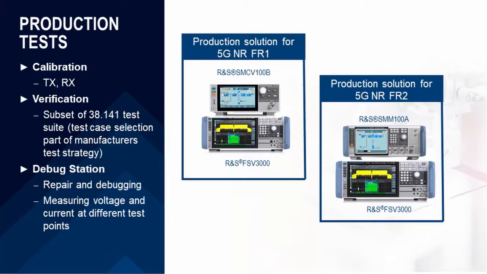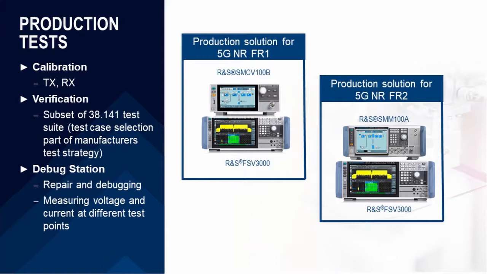So coming last to the production test. Here I list the different RF stages in a production line where they use RF instruments, and one of them is calibration. The calibration algorithms are quite unique to the manufacturer, and then next, coming to the verification, often it is a subset of the 38.141 test suite, but the test case selection is largely and strictly dependent on the manufacturer's test strategy.